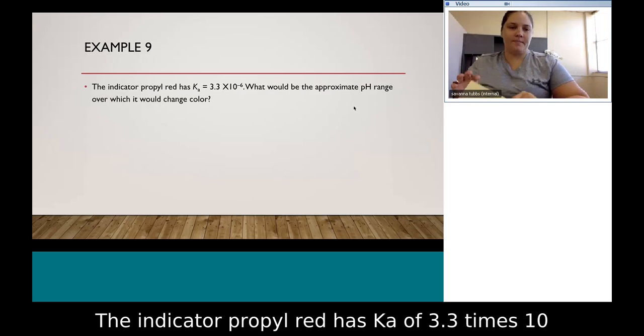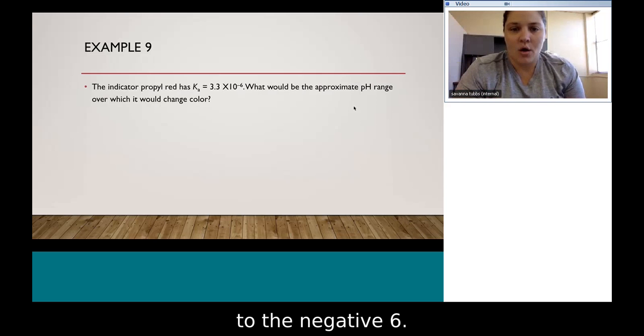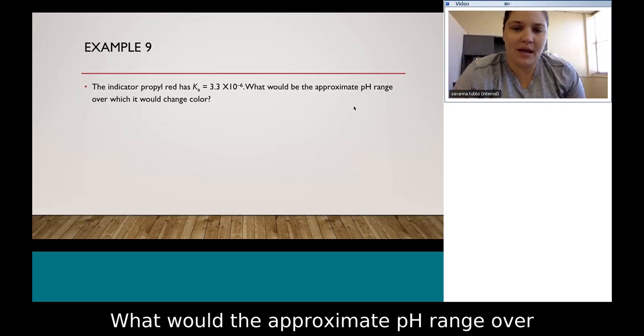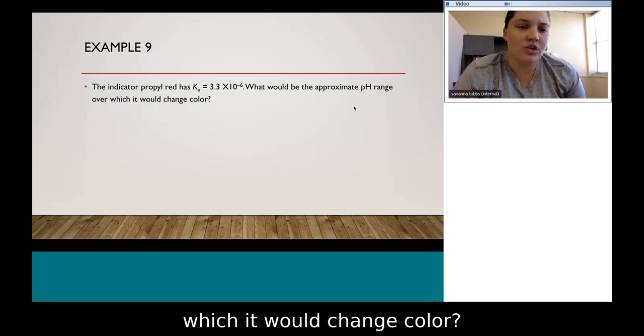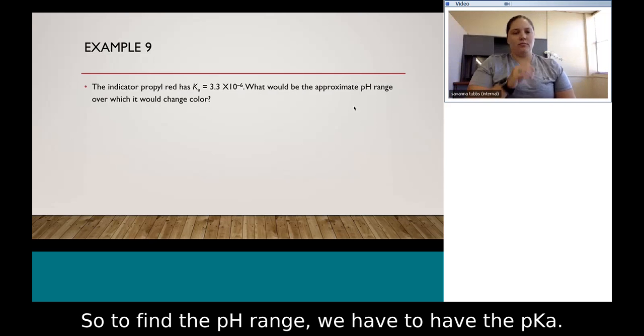Number 9. The indicator, purple red, has a Ka of 3.3 times 10 to the negative 6. What would be the approximate pH range over which it would change color? So, to find the pH range, we have to have the pKa.